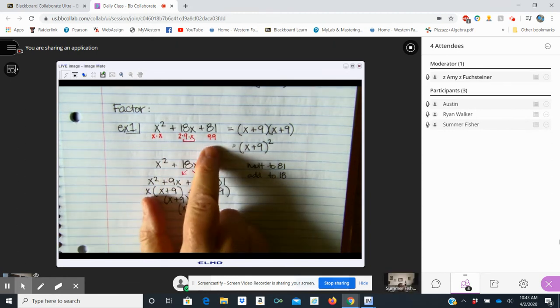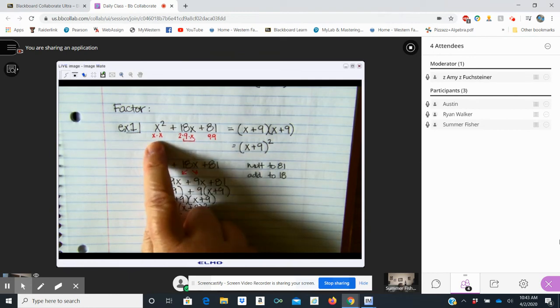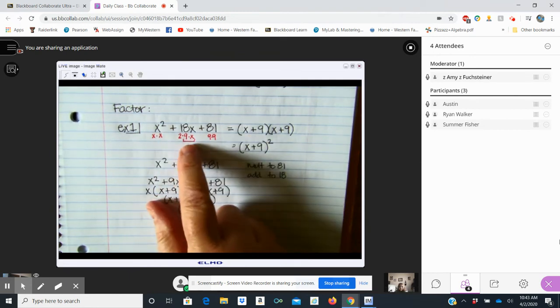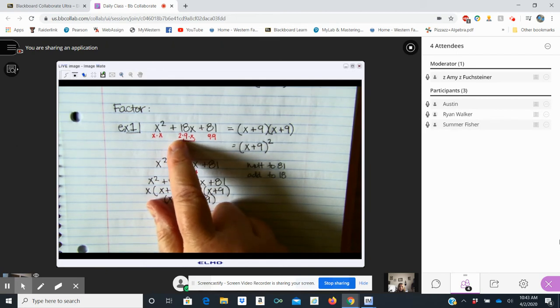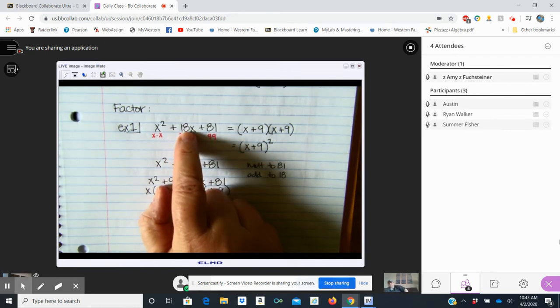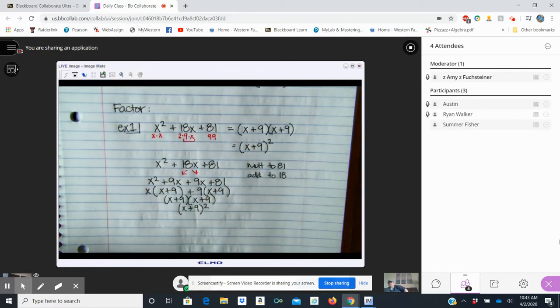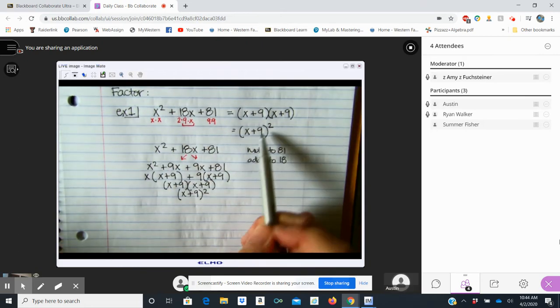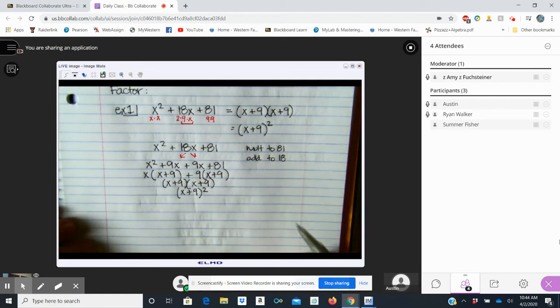And all I'm doing there, by taking the x from x squared, the 9 from 81, multiplying it together and doubling it, is I'm just checking the pattern to make sure that that is an 18x like it says. If that wasn't 18x, I couldn't use this pattern. I'd have to look at a different way.